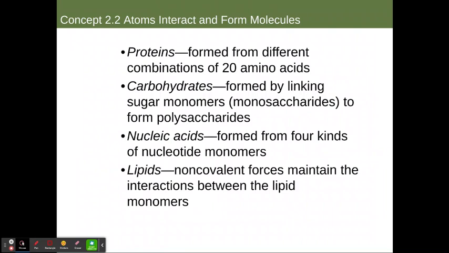Proteins are formed from 20 different amino acids, carbohydrates from linking our monosaccharides to form longer and longer, more complex chains called polysaccharides. Nucleic acids are formed from our 4 nucleotide monomers to form DNA, RNA, all those that we're familiar with, and then lipids form our fats, oils, waxes, things like that.